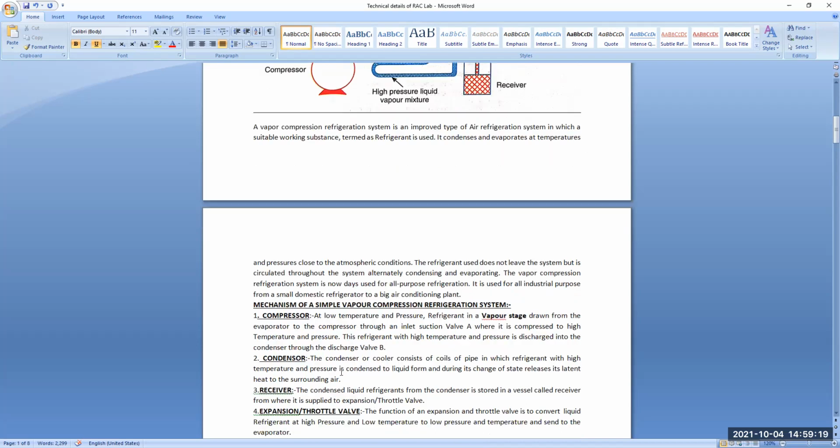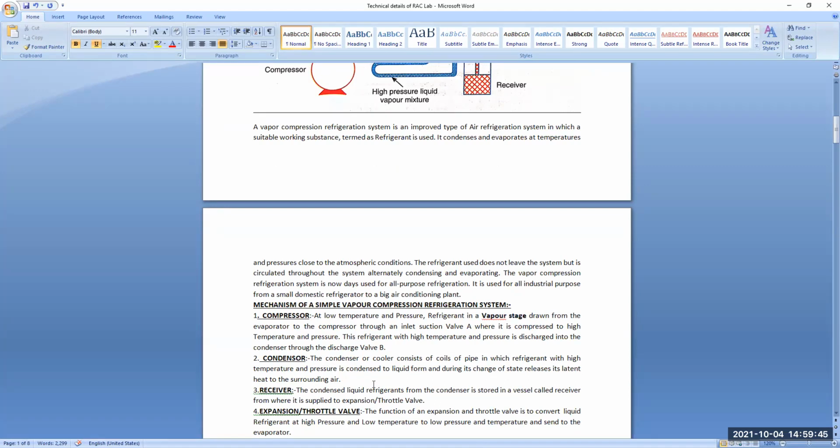The condenser itself consists of coil pipes, which are shown in this video, in which the refrigerant at high temperature and pressure is condensed to liquid form, and during the change of state releases its latent heat to the surrounding air. So what is the condenser doing?